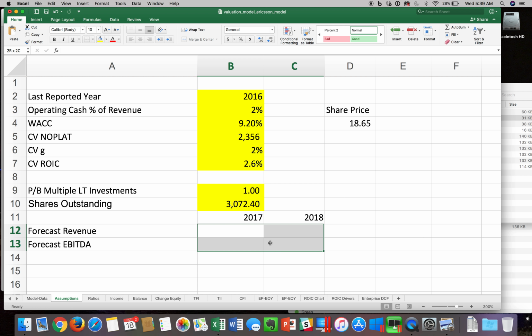And I'm going to make these yellow, and we're going to basically put in what we see on the earnings estimate, the EEO screen, for the next 2 forward years.